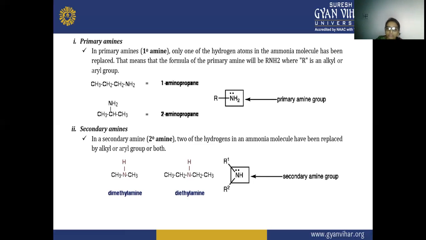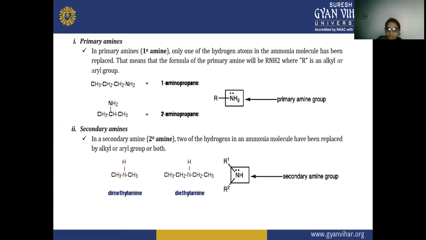This nitrogen has one hydrogen, and the two hydrogens have been replaced by two alkyl groups. So its name is dimethylamine. The two methyl groups, which are the alkyls, are attached to this nitrogen atom, and one hydrogen is attached to it, so its name is dimethylamine.